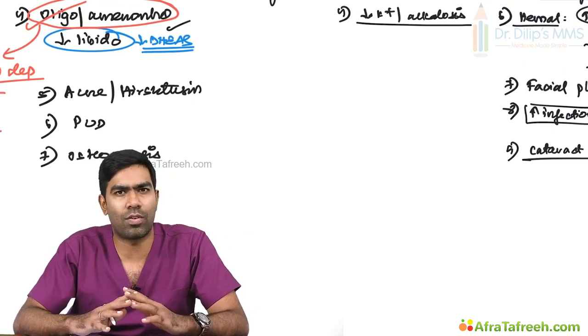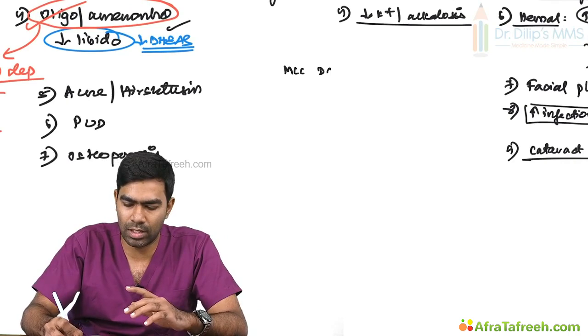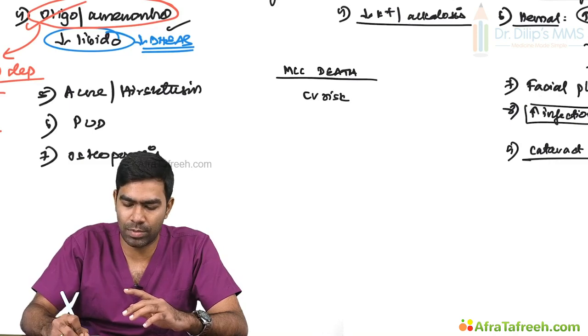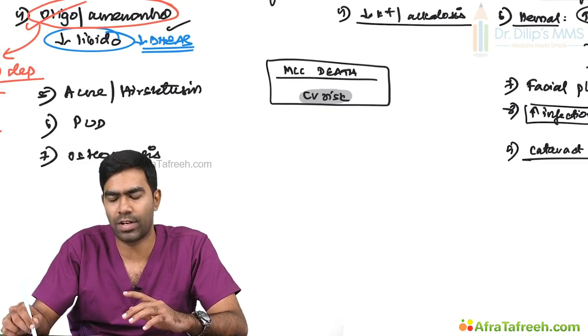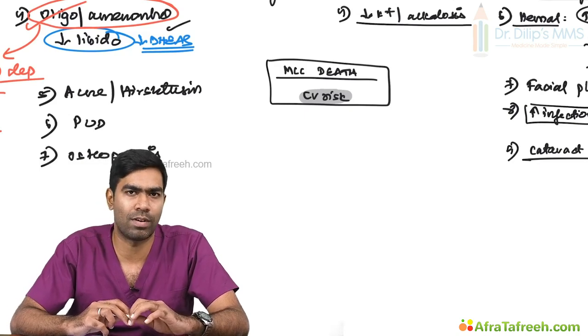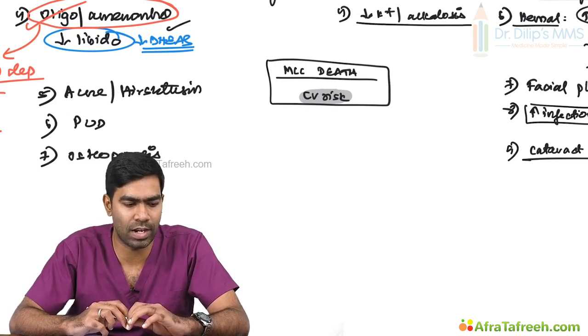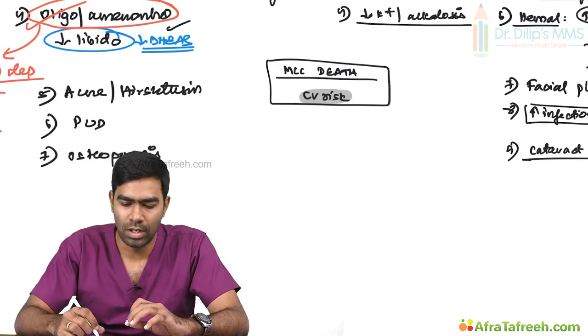So we have seen a lot of clinical features, but what is the most common cause of death in these individuals? It's always cardiovascular, because they heighten the CV risk, and many of these patients will die of myocardial infarction. Even subclinical Cushing's may result in increased risk of myocardial infarction and death, and that is a very important point to know. Most common cause of death in these patients.